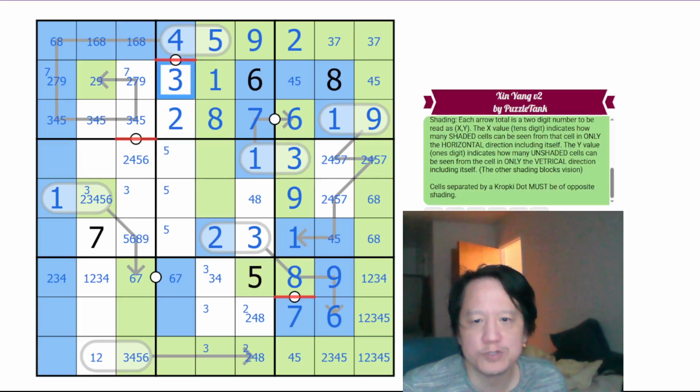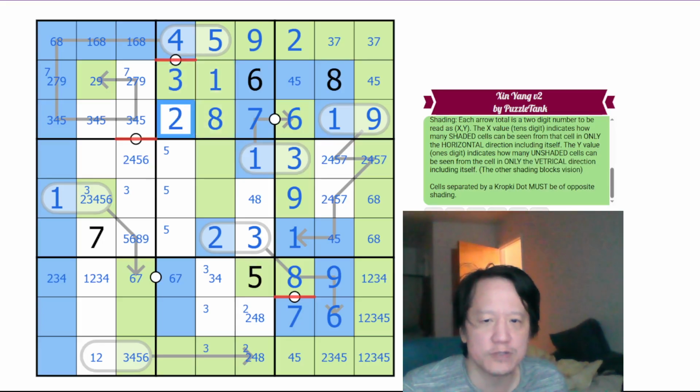This is blue, so this must be green here. This is a 3x3, that's all green. A 2x2, that's 3 green, so this is blue here. So this sees 4 horizontally, 5 unshaded vertically, 1 horizontally.